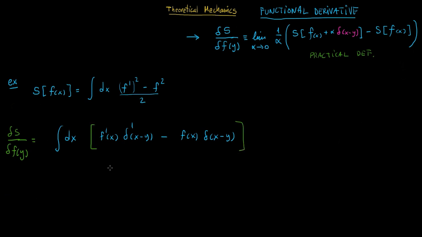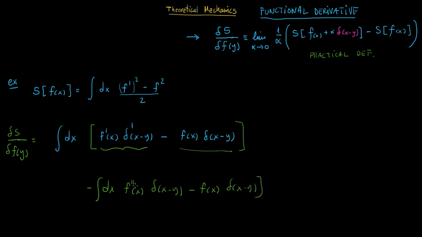So let's see. The first term contains a prime here, so we can perform integration by parts, and then it will give you this minus with f double prime of x delta of x minus y, and this term remains the same, minus f of x delta of x minus y.